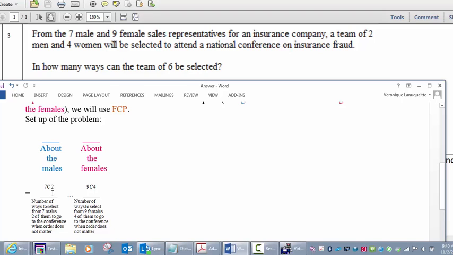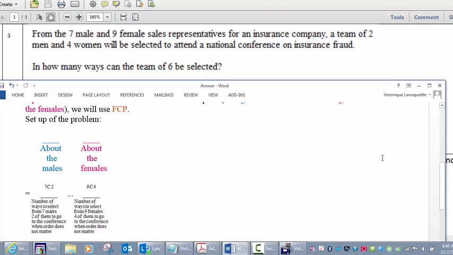And then for selecting the females, the number of ways to select from 9 females, 4 of them to go to a conference when order doesn't matter, is going to be 9C4. And that has a value of 126.